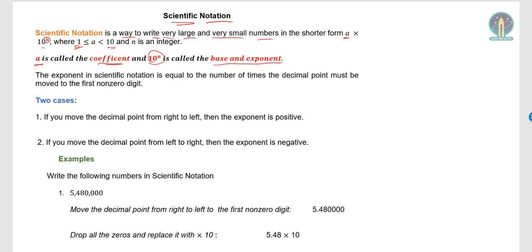The exponent in scientific notation has to be equal to the number of times you have to move the decimal point to get to the first non-zero digit in the original number. So, for example, if you had something like 7,500, this is essentially equivalent to 7,500.0.